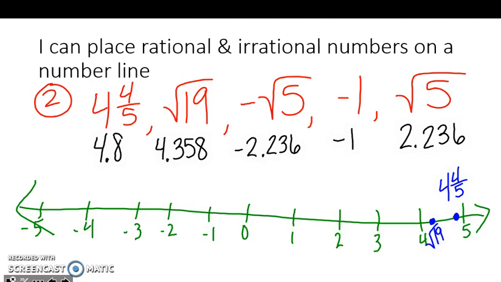Negative square root of 5 is negative 2.236, so that's in between negative 2 and negative 3, closer to negative 2. Make sure you label with the original numbers. Negative 1, of course, we can find on the number line. And then square root of 5 is 2.236, so in between 2 and 3, closer to 2.